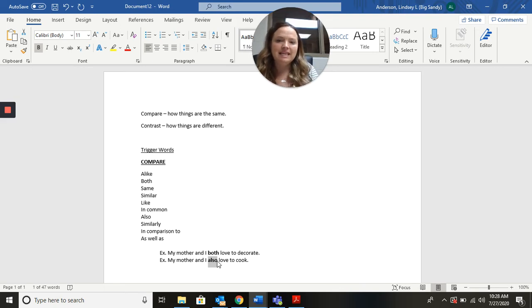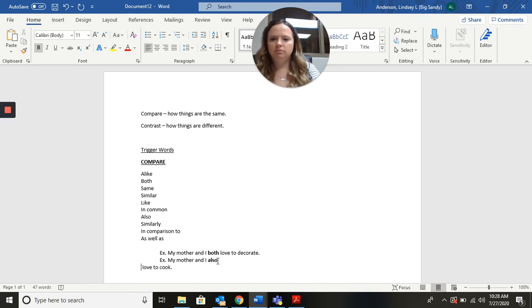In that instance, it's meaning in addition to previous information. It's not meaning the previous information and the information I just gave are being compared to each other. So the placement of the trigger word is important.